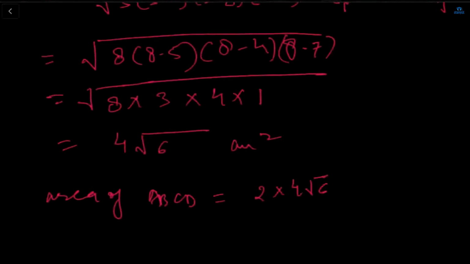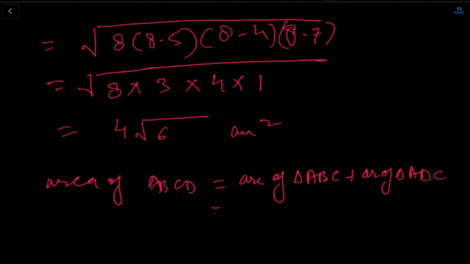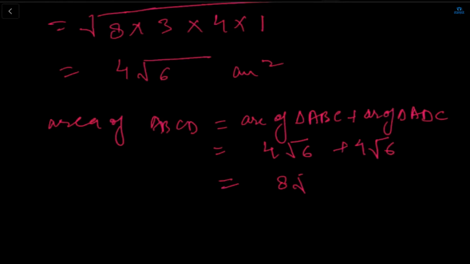Or you can say, because both are the same, area of triangle ABC plus area of triangle ADC, and this will be 4 root 6, and this will also be 4 root 6. So it will be 8 root 6. Understood, everybody? And if you find the complete value, that will give you 19.6 centimeters square, taking the root 6 value.